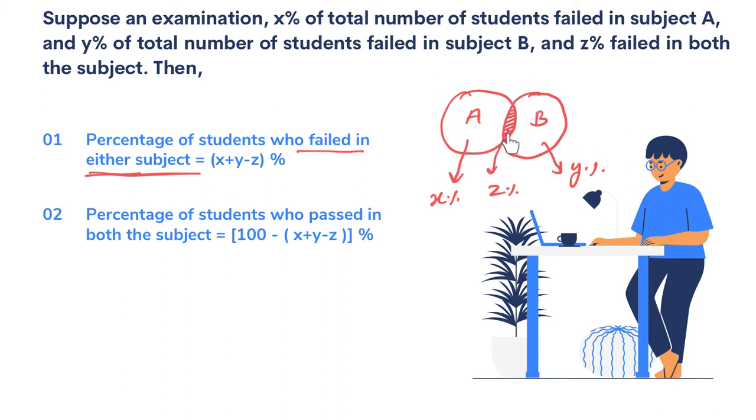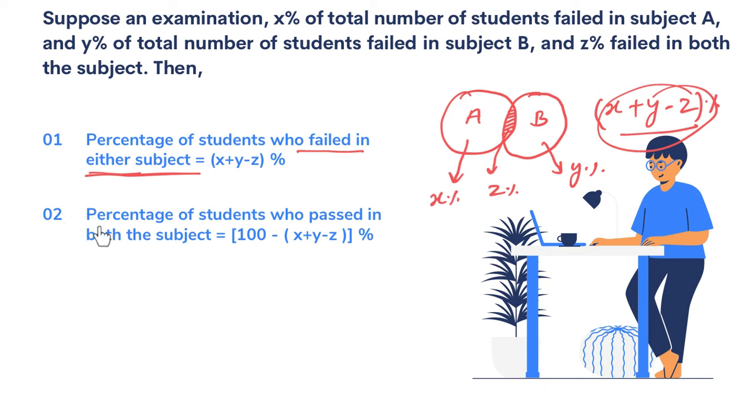So this area is coming two times. So one time I will subtract this area, whose value is Z, while the values for the others are X and Y. So I will add X plus Y, and one time I will remove Z. So my answer will be X plus Y minus Z, which is given in the formula also, right?